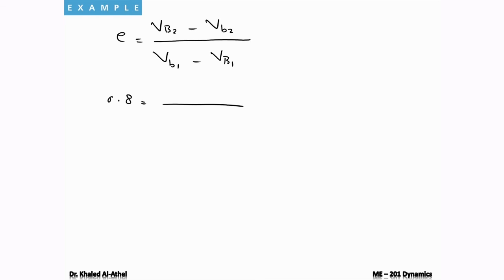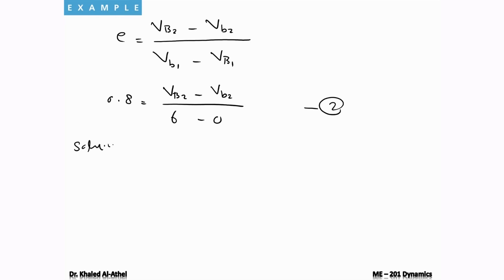Previously, in the previous example, we converted this V_B2 into omega. Now, since I have it as an unknown, I'll keep it. V_B2 minus v_b2, which was unknown for the ball, then V_B1 was given as 6, and everything was at rest. And this is my second equation.